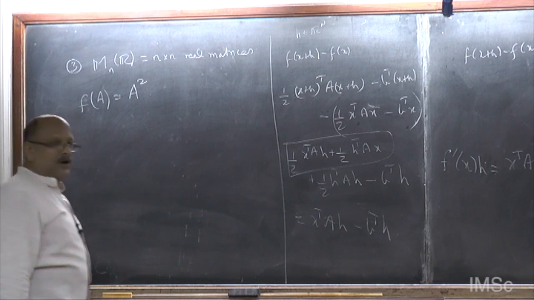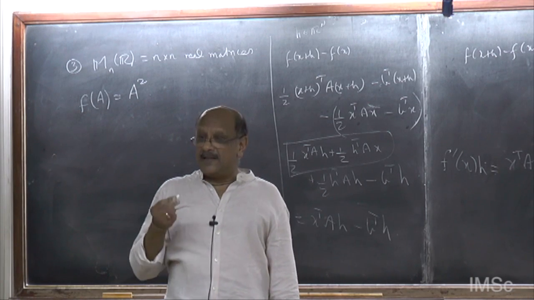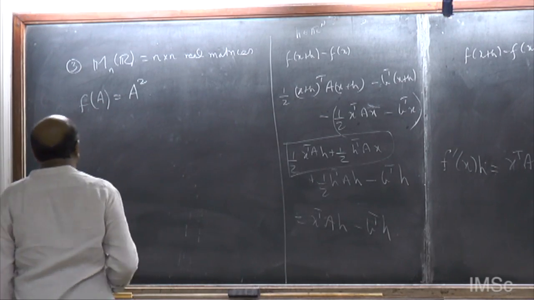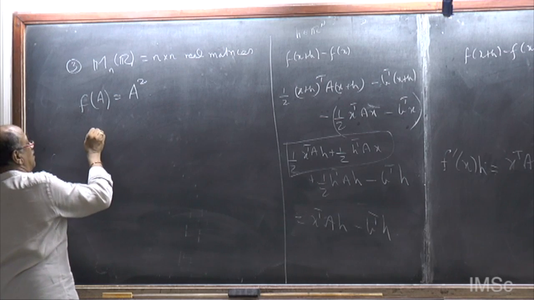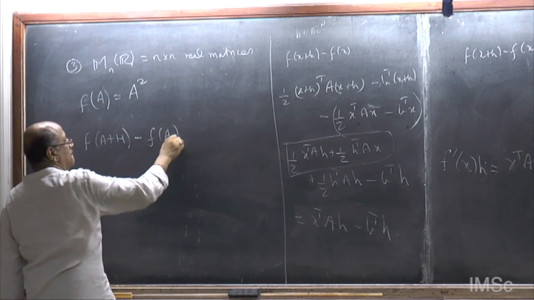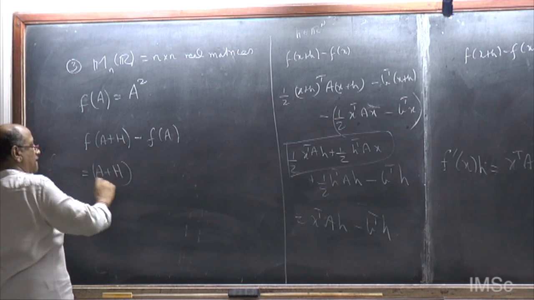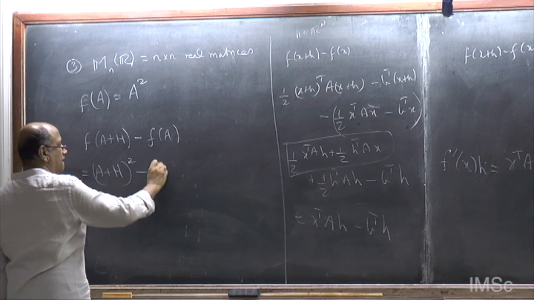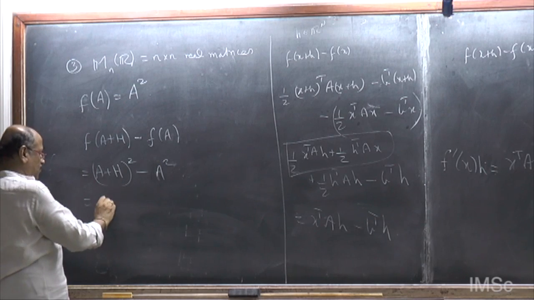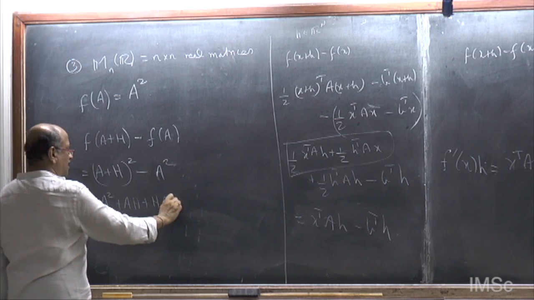So, in one dimension, if I asked you, you would say 2A, okay. But now it must be a linear mapping on the matrices, okay. So, let us look at this. So, f of A plus H, expand this, you get A square plus AH plus HA plus H square.